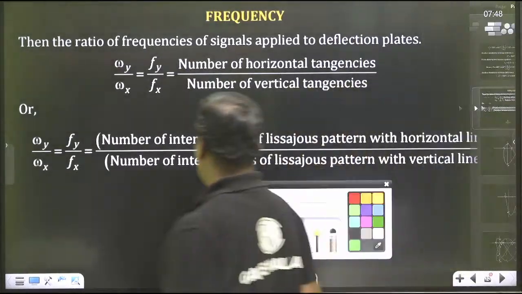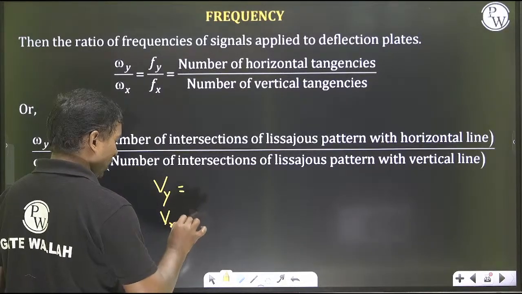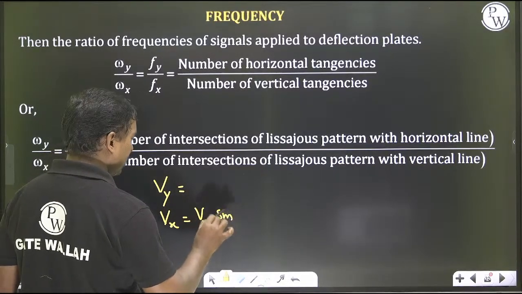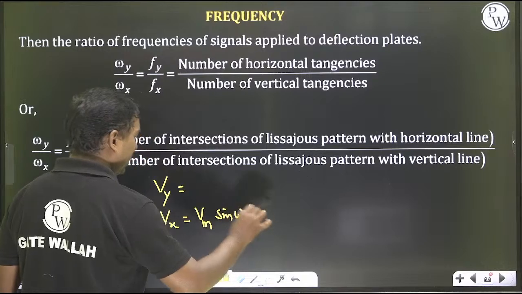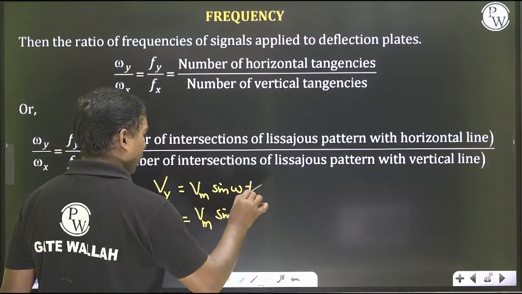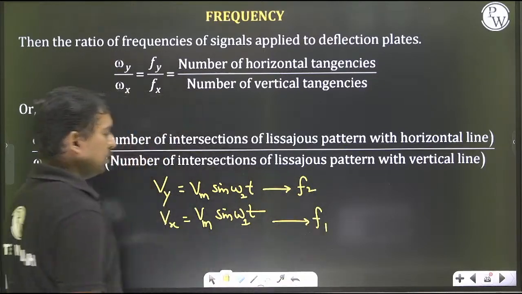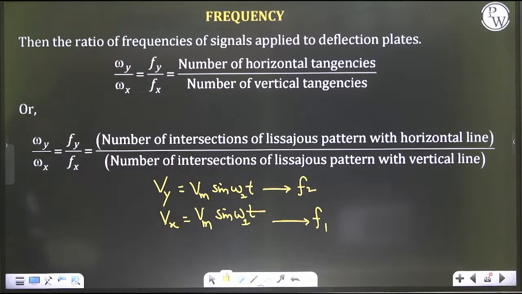For example, Vy and Vx may have different frequencies but the same phase: sin omega 1t and sin omega 2t, running with frequencies f2 and f1.